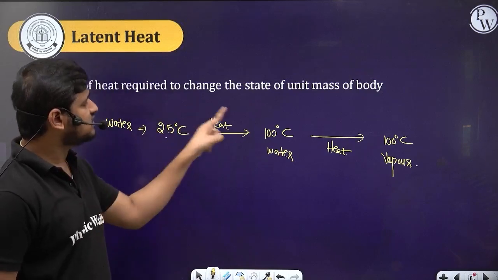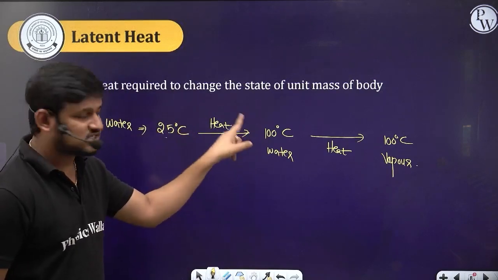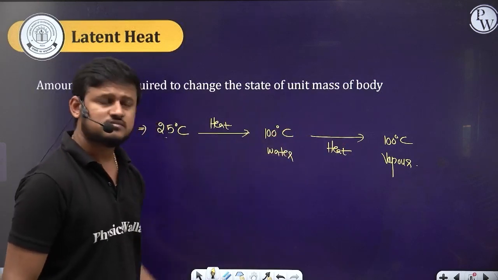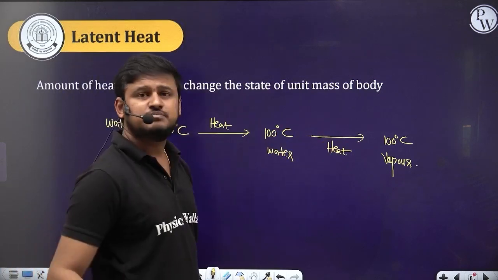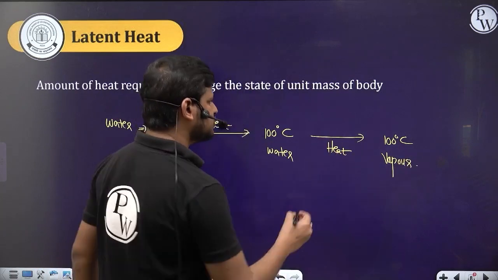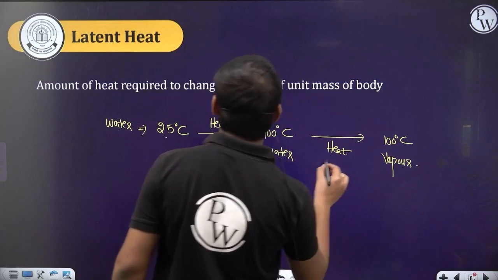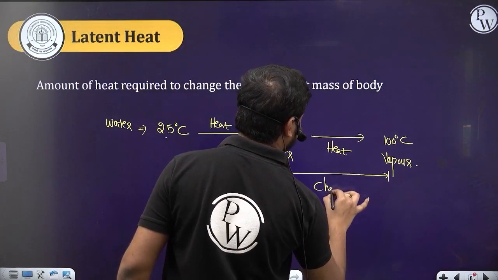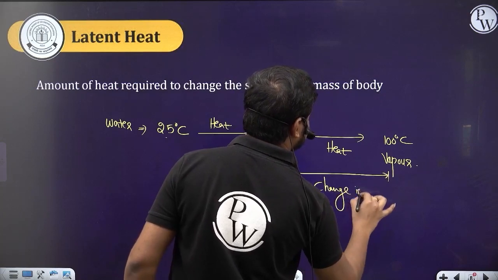So the heat that you supplied is being utilized in raising the temperature of the body. But here the heat supplied is being utilized in changing the state of the body. So here the state change occurs, from here to here, the change in state.